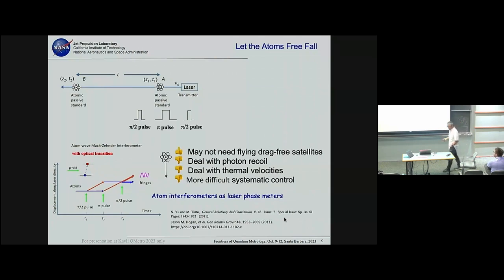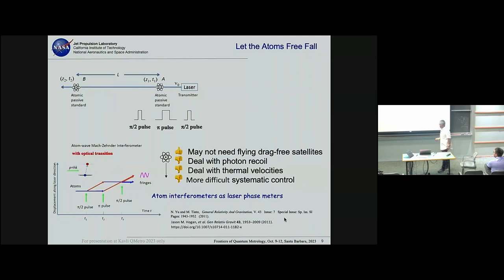We just run atom interferometer mode. We have to deal with thermal velocity. Again, we know how to deal with that, except on the transverse modes, the cloud actually expands, which is a big problem for atom interferometers, especially when you want a longer interrogation time.